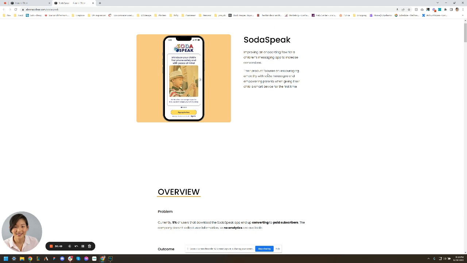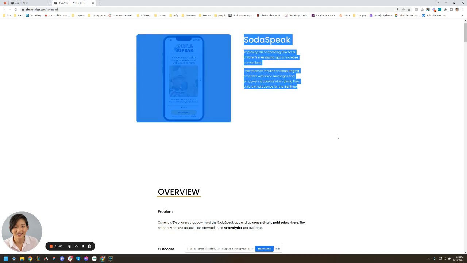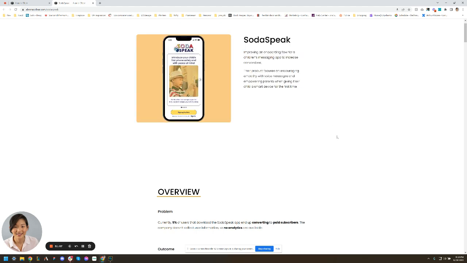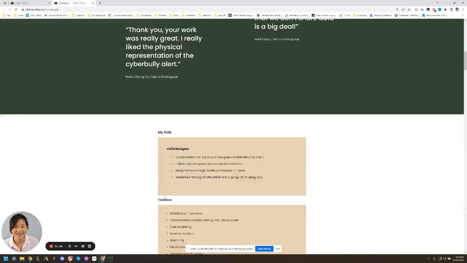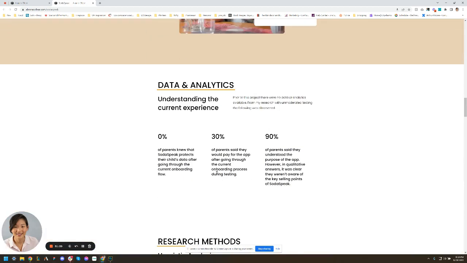So with that said, I would move this down to here, and I'll explain why. All right, so this little snippet, right? Again, going back to, what am I trying to say? What am I trying to communicate? So in this section, what am I trying to communicate? I want to give a sneak peek of what so to speak is, so that I can give the viewer, aka recruiter and hiring manager, a context of so to speak, so that as I talk about it, they understand it, right?